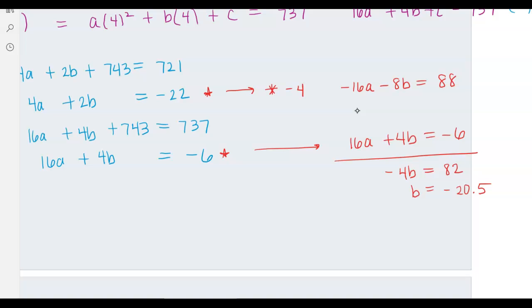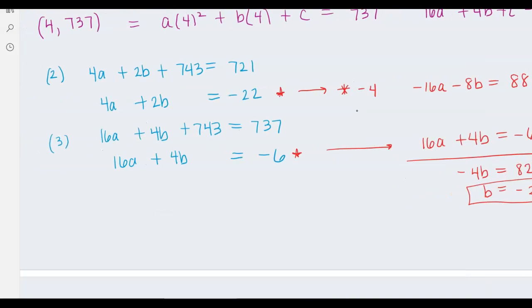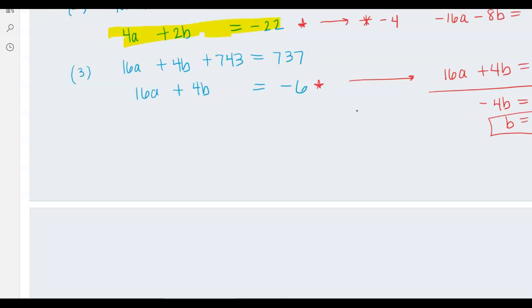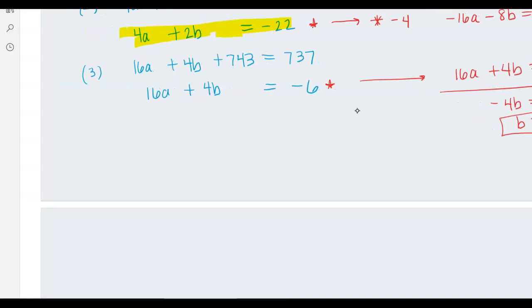Okay, so then I will go back to this equation here and plug in that negative 20.5. So 4a plus 2 times negative 20.5 equals negative 22.